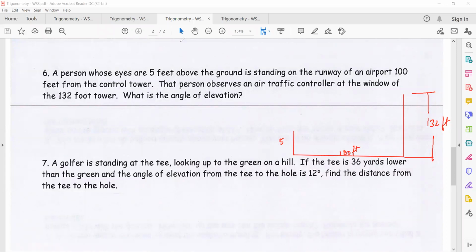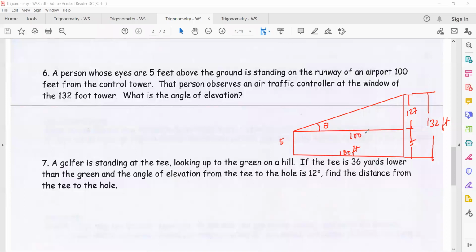Now let's draw this line from here to here. You have to find the angle of elevation, which is x or theta. We know this whole length is 132, and we know that this is 5, so this will be 127. Now this is 100, this is 127.